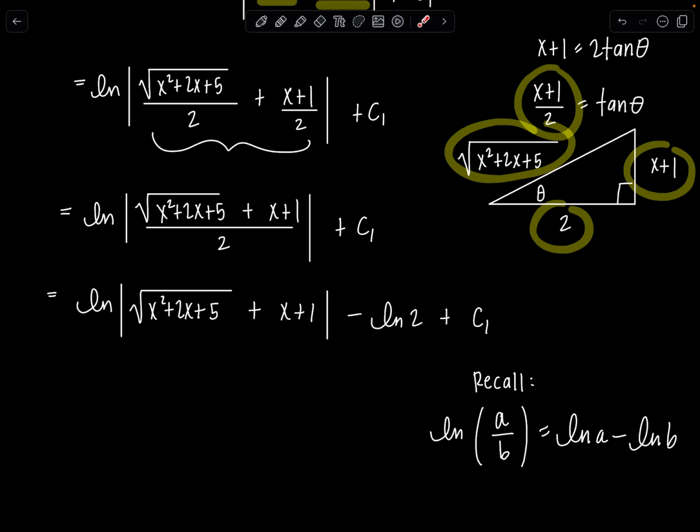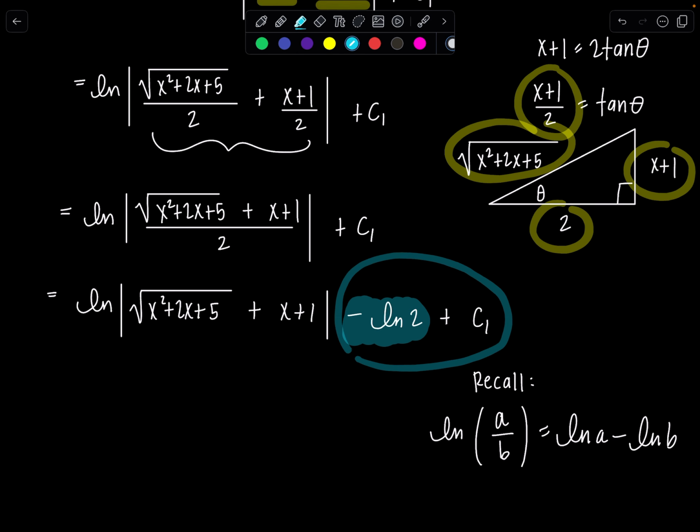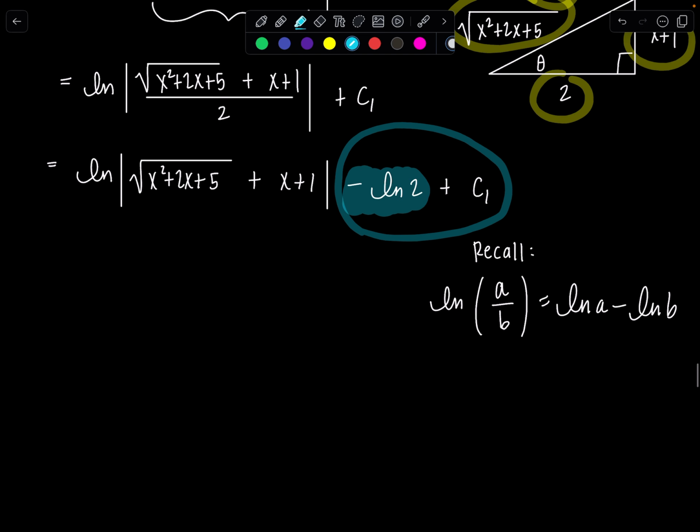Can you see? Well, why do we do that? Well, let me tell you. Negative natural log of 2 is just a constant. So I'm just going to lump all these together and call them C, my new constant, so that my final answer is the most simplified and beautiful it can possibly be. So we have ln radical x squared plus 2x plus 5 plus x plus 1.